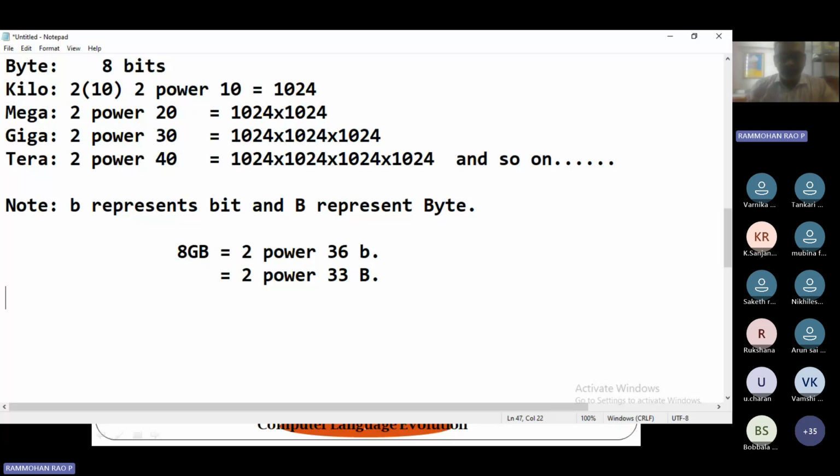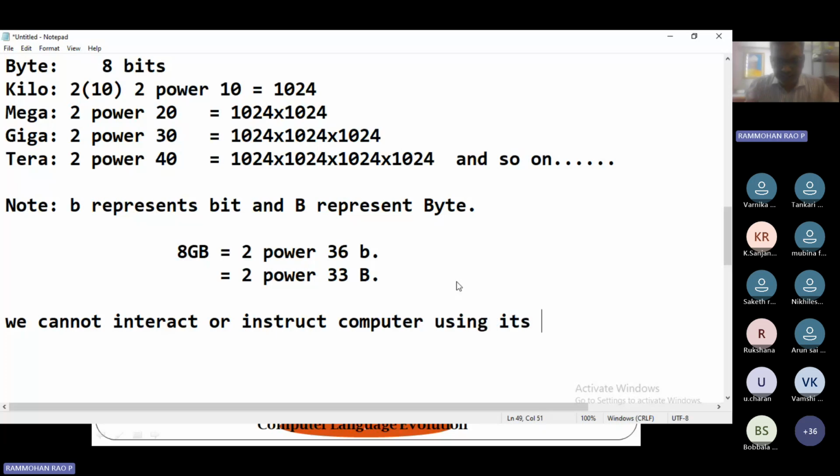So friends, we will end this class with a big question mark. What is that question mark? We cannot interact with or instruct the computer using its machine language. Yes or no? We cannot.